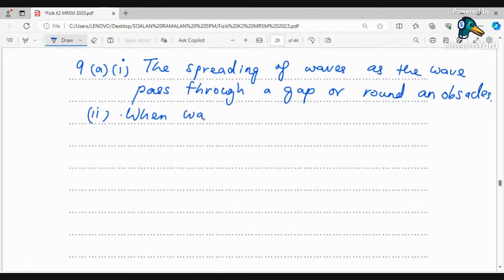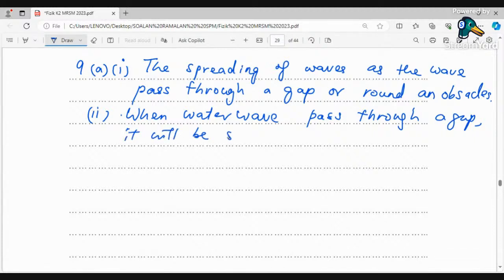When water wave pass through a gap, it will be spread out.